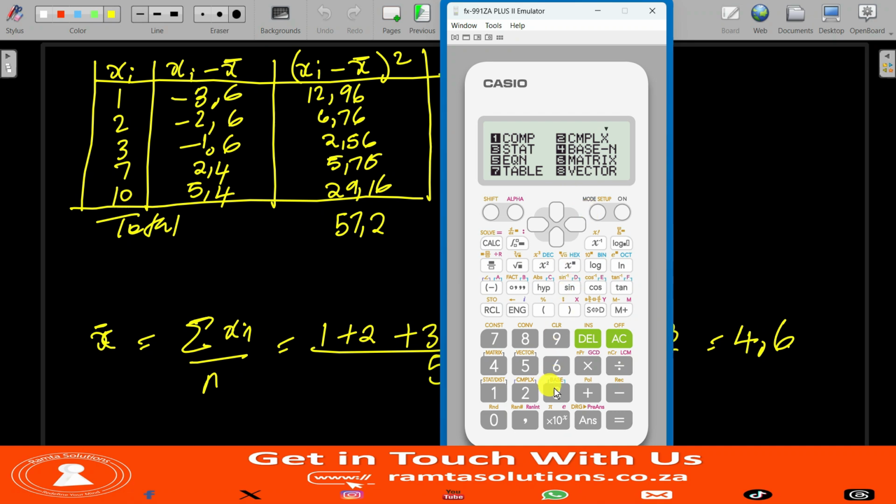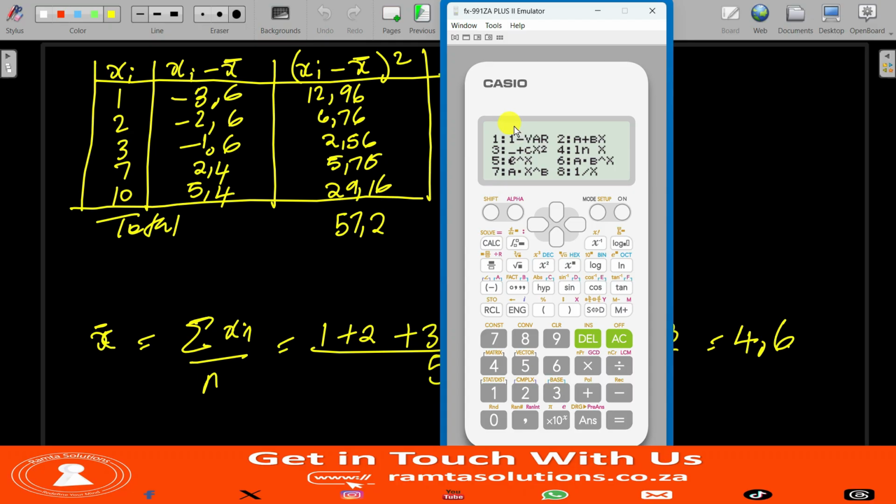By the way, guys, this is on a Casio FX991ZA Plus 2 emulator. Normally your calculator does not say emulator. The very same thing works for any Casio calculator.